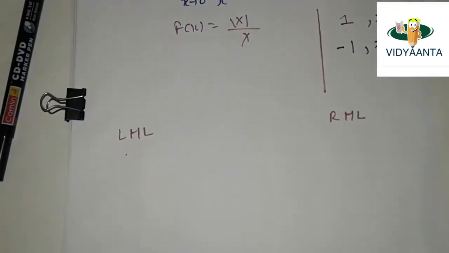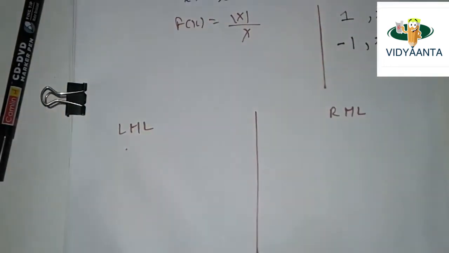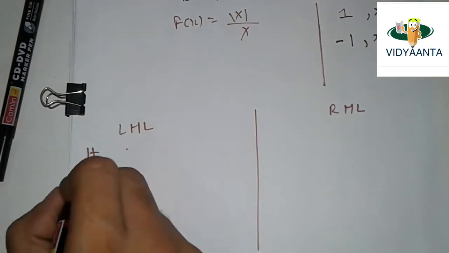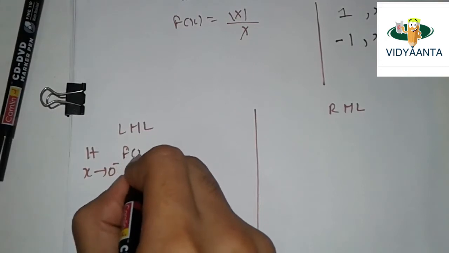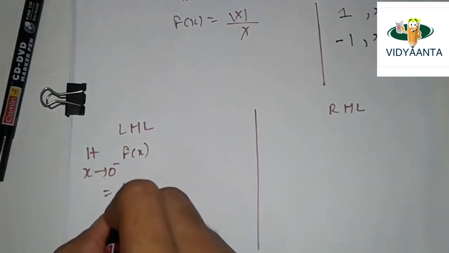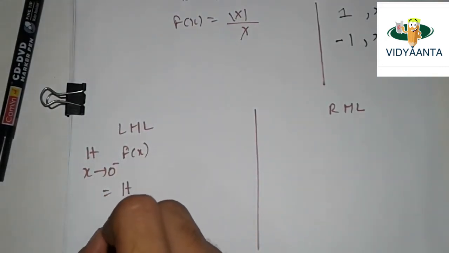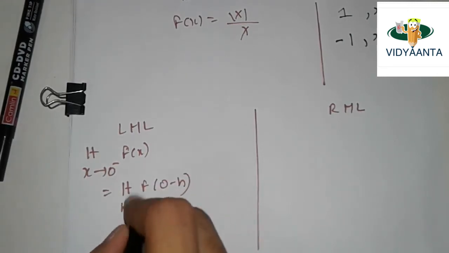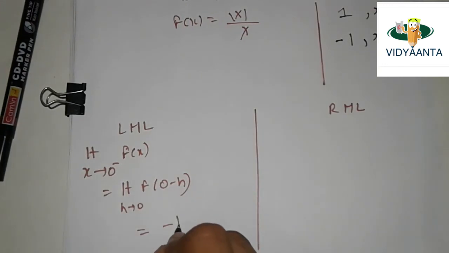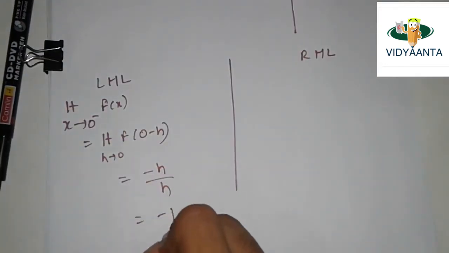Now again we need to find the left hand limit and right hand limit. So for the left hand limit, the limit of x tends to 0 minus of f(x) is equal to the limit of h tends to 0 of f(0 minus h). It will be equal to minus h upon h, which is equal to minus 1.